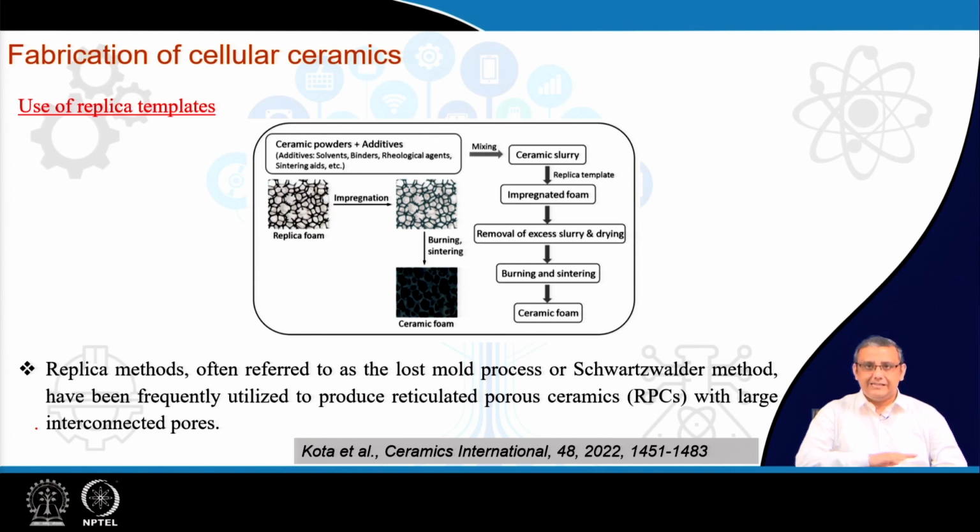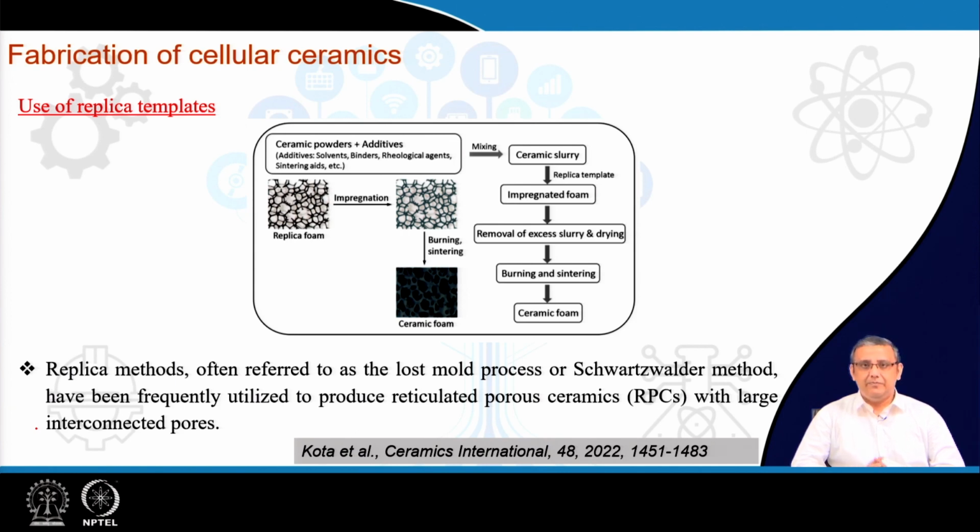That means this impregnated foam is passed through rollers, and through this action the excess ceramic slurry is ejected, and we obtain a very uniform coating of the ceramic slurry on the thin polymer struts.